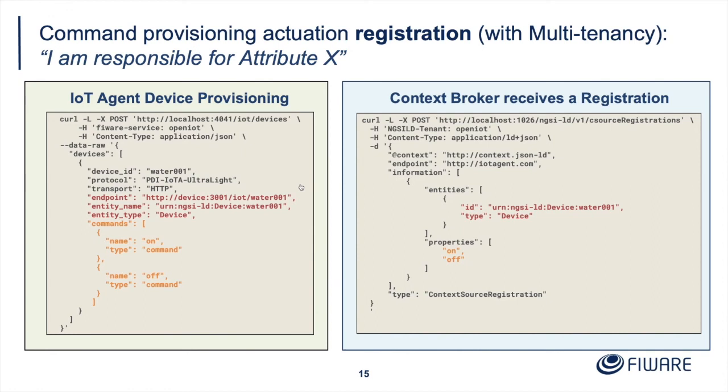So the commands on and off will say, I'm registering interest for the properties on and off. This is not necessarily required to be put into the default context, because it's just being used internally. Okay, so shall we see this one in action?